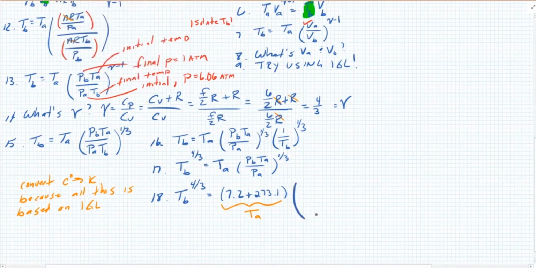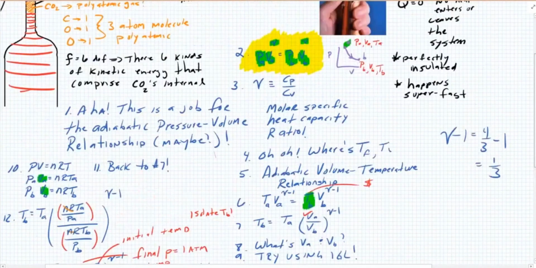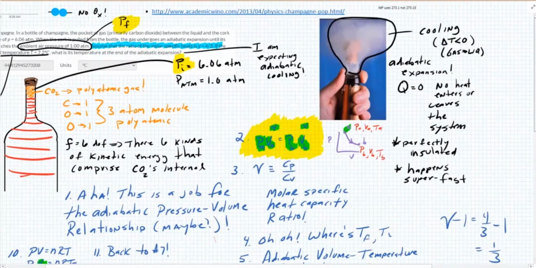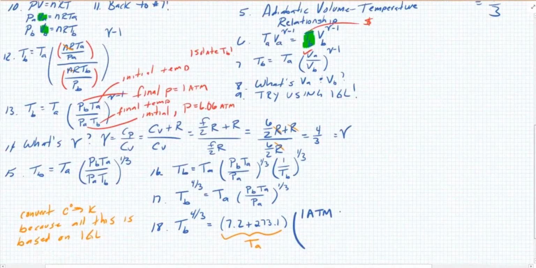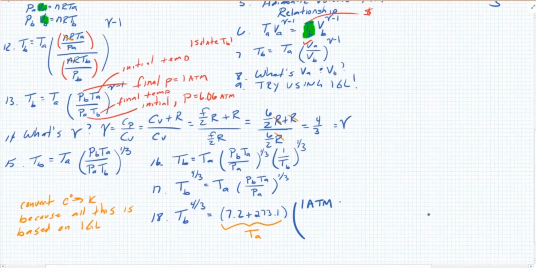What's my pressure at B? My pressure at B is ambient, 1 atm. Times my temperature at A. My temperature at A was that 7.2. So there's another A. Well, that's fine. Times 7.2. Probably should have done this all together at the beginning, but that's fine.